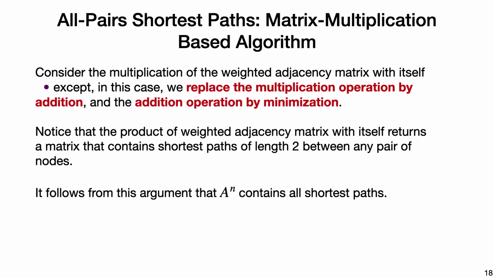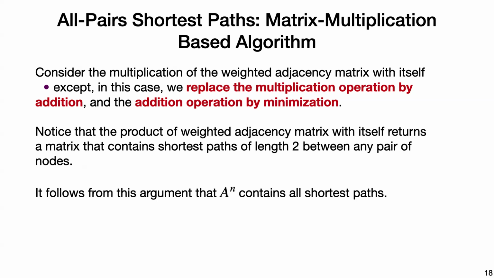We're going to call this operation the product, which has the exact same structure as a matrix multiplication, but with different operations. The product of the adjacency matrix with itself gives you a matrix that contains all paths of length 2 between any pair of nodes.